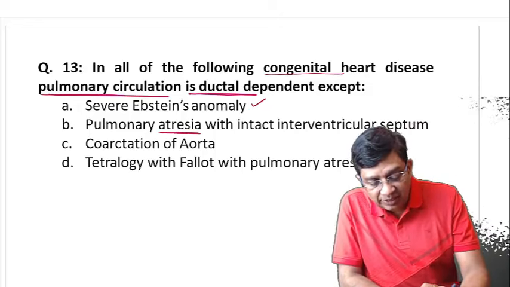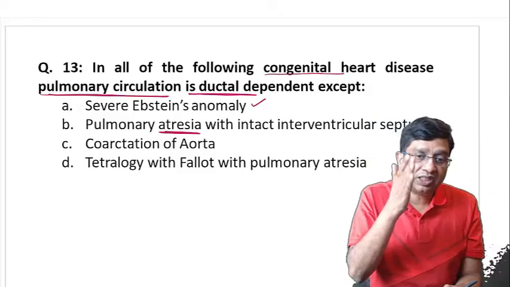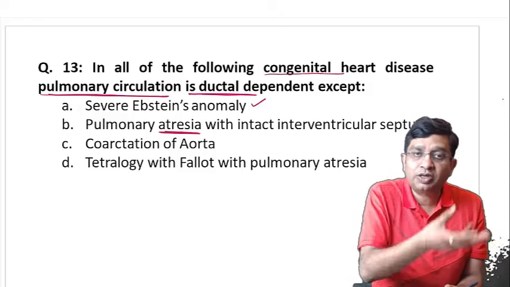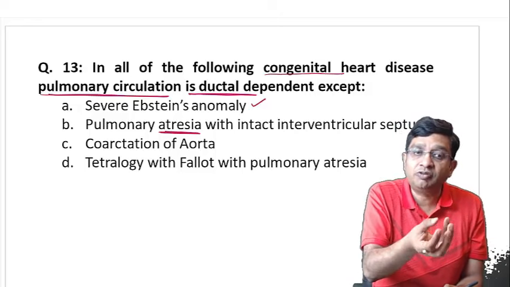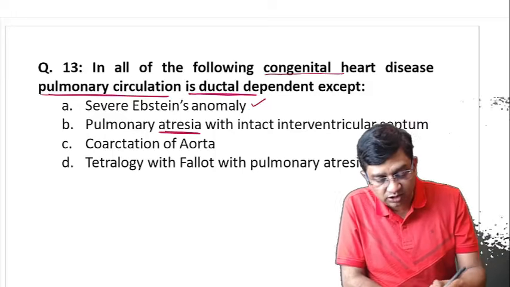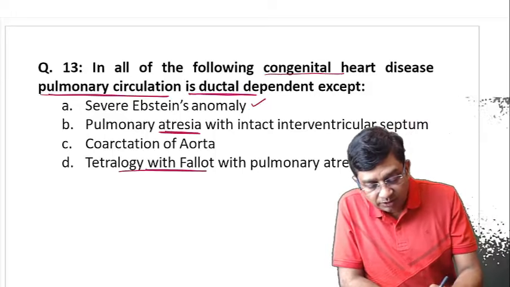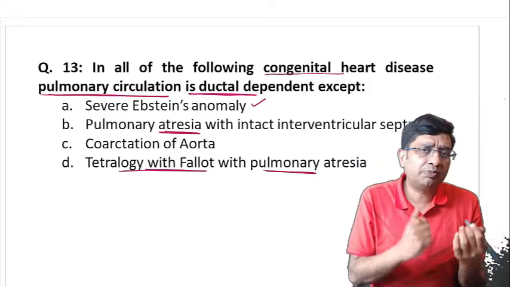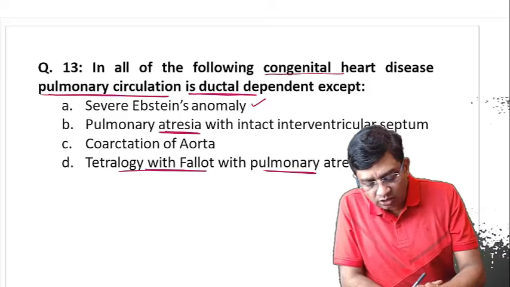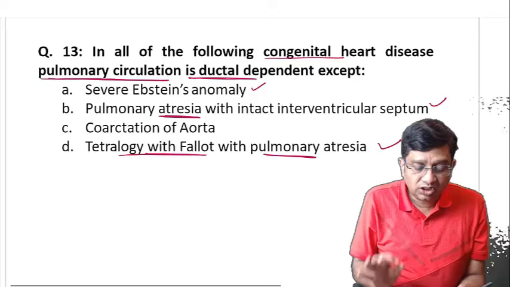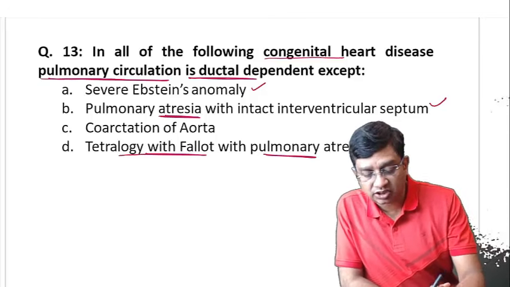Pulmonary atresia, absence of pulmonary valve, with intact ventricular septum: how will the pulmonary artery get the blood? It has to come from the ductus arteriosus. Tetralogy of Fallot with pulmonary atresia, again absence of pulmonary valve. How will the pulmonary artery get the blood? So in all of these conditions, pulmonary circulation is ductal dependent.